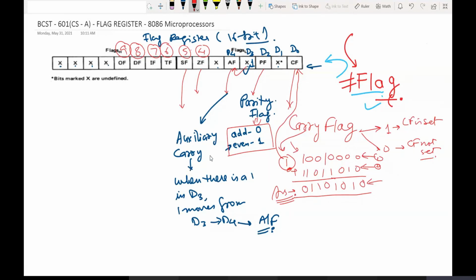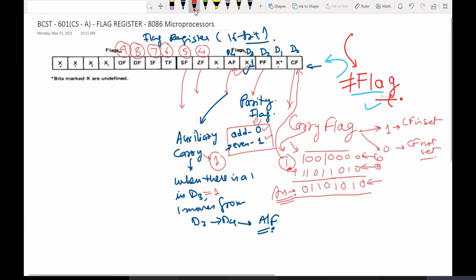It will only become 1 when D3 is already having a 1 and there is a movement of 1 from D3 to D4. So auxiliary carry is just that simple. There's nothing complicated about it, like an addition operation in the carry flag or counting the number of ones in the data. No, it's not very detailed. It's just like this.